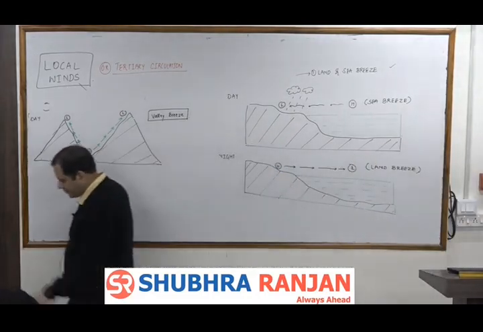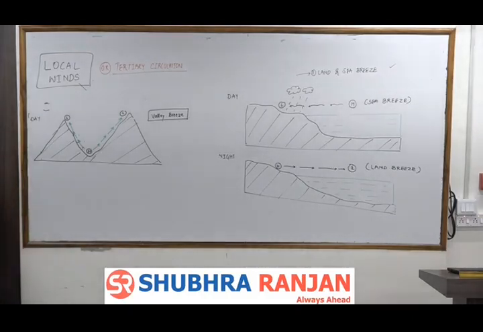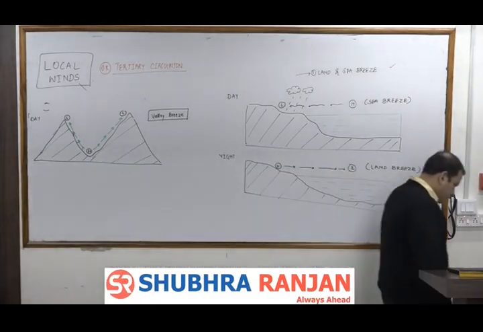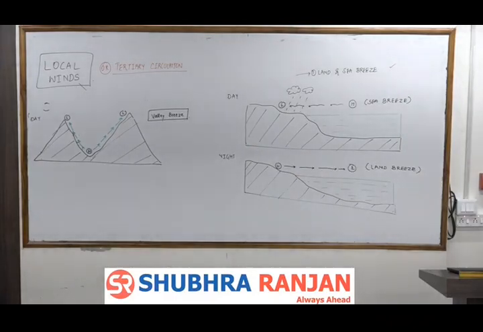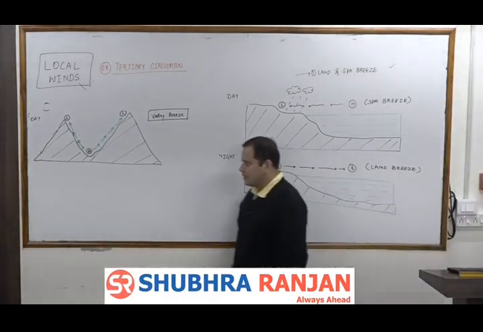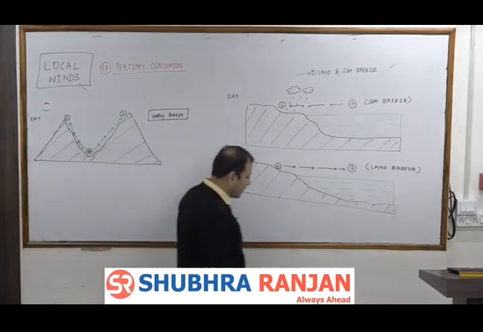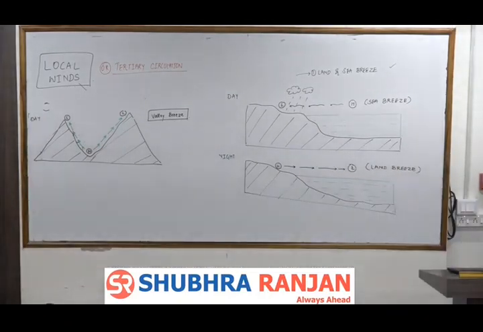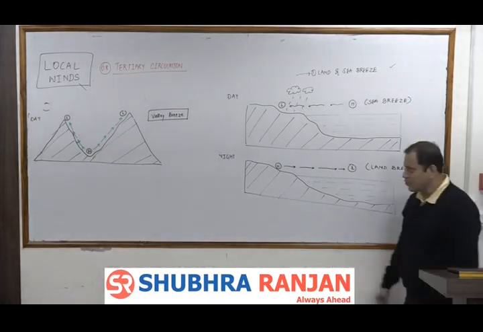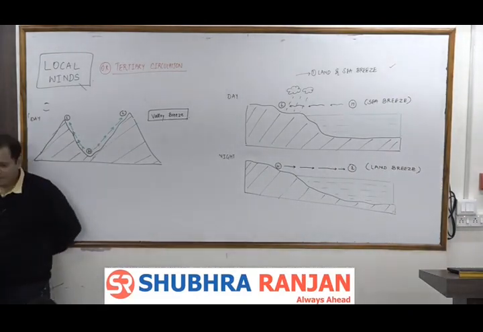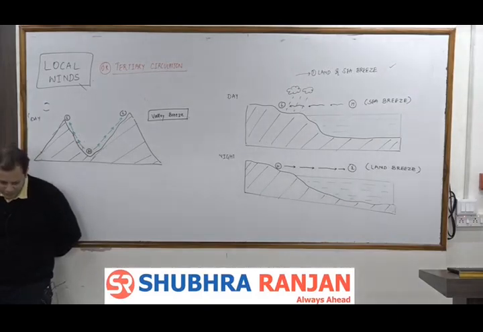During the daytime, the upper parts of the slopes receive more insolation and are heated quickly, while the lower slopes or valley floors are comparatively cooler.